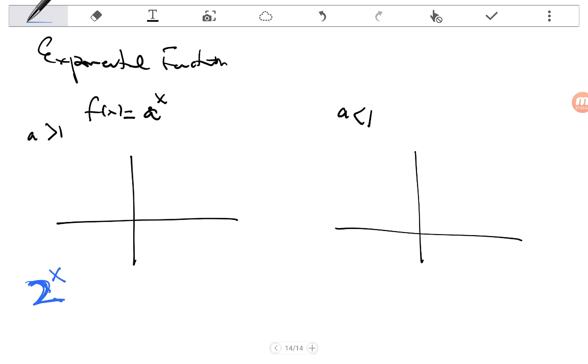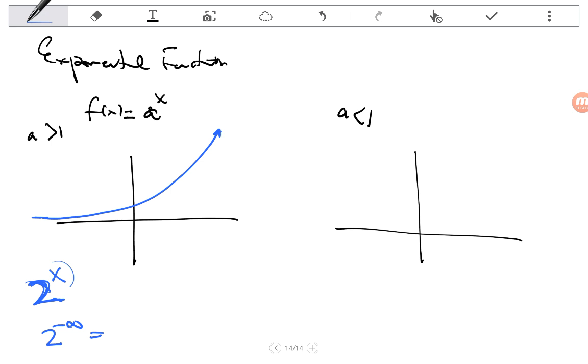How do I graph 2 power x? It will just be something like this. When x is going to infinity, it will just be growing to infinity. When x is going to negative infinity, it will go to 0. Do you know what is 2 power negative infinity?